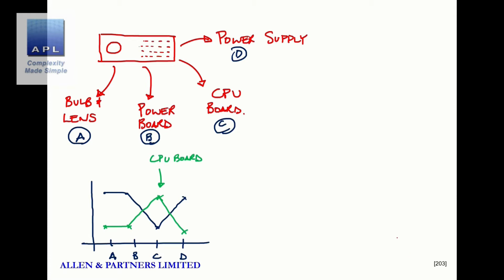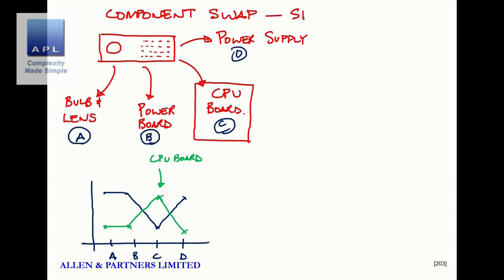We split the computer projector into 4: the bulb and the lens, the power board, the power supply, and the CPU board. You can see on this diagram here, we've got the item, we split it into 4. We did the component swap with 4 items. We've got the graph down below that's showing us that it is the CPU board that's causing the problem.